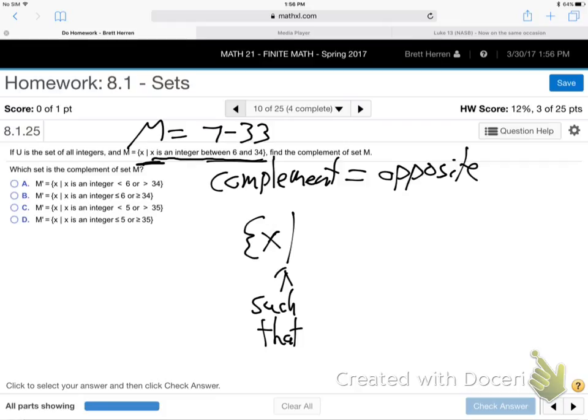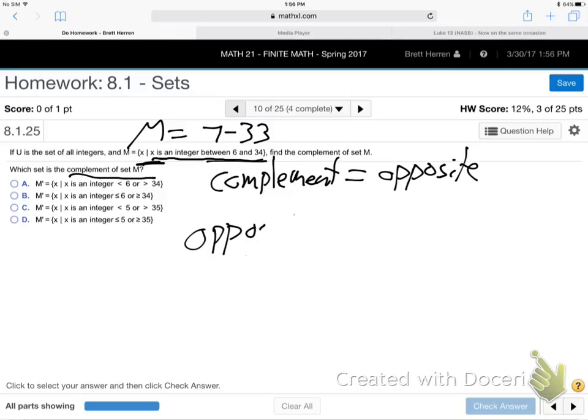We now know, so really, they just mean the numbers from 7 to 33, okay? And they want the complement of m. So the complement, the opposite of m, is going to be the numbers 1 through 6 and 34 onward, right? Because that's the opposite of m.